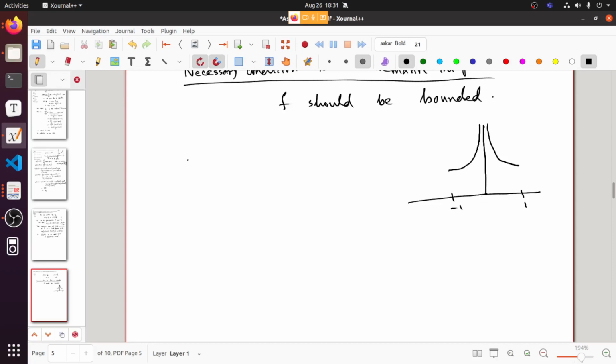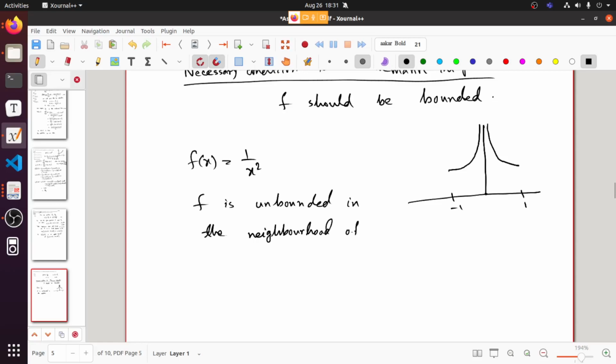In the neighborhood of 0, f of x equals 1 by x square is unbounded, so you cannot define the UPF. So f is not Riemann integrable.